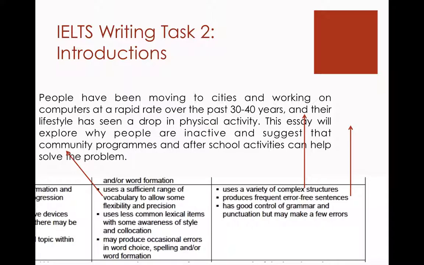Our main focus is doing task achievement, coherence and cohesion, getting that plan very strong, using at least one complex structure and making no errors. That's enough for the introduction. Now, if we can remember to use words like migrate here, that would be a boost to this mark for sure and a boost to this mark for sure. Okay, if you haven't, it doesn't matter. You can focus on that in your paragraphs later.